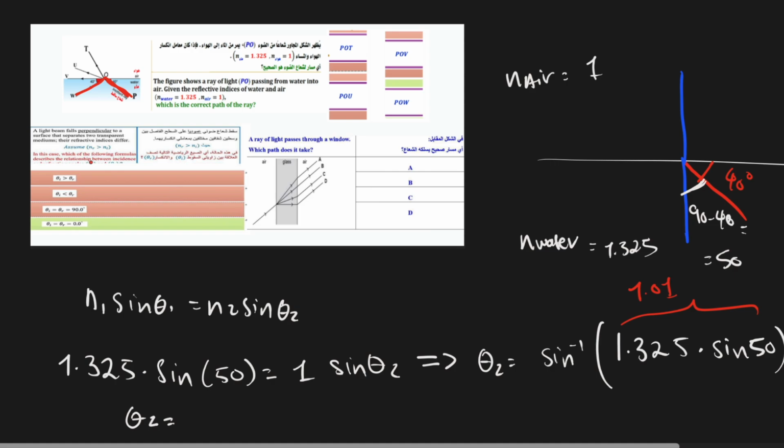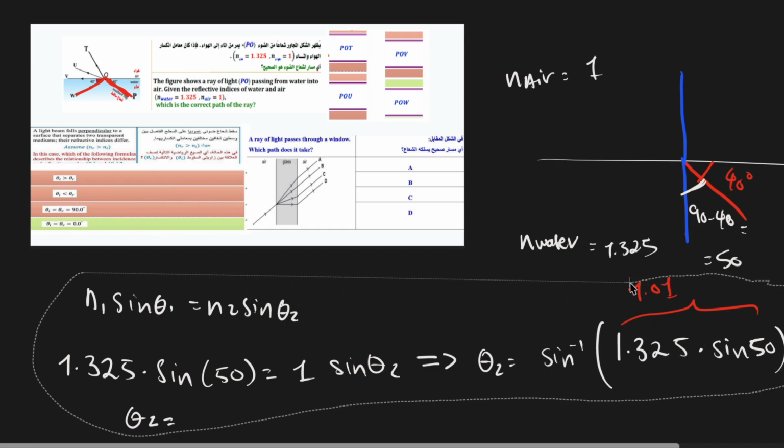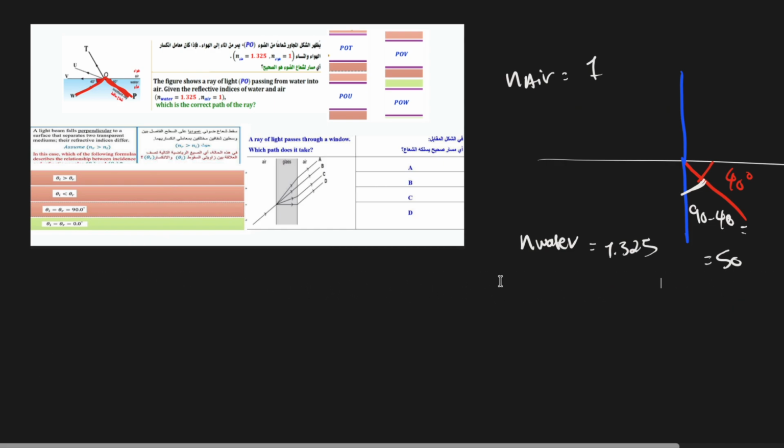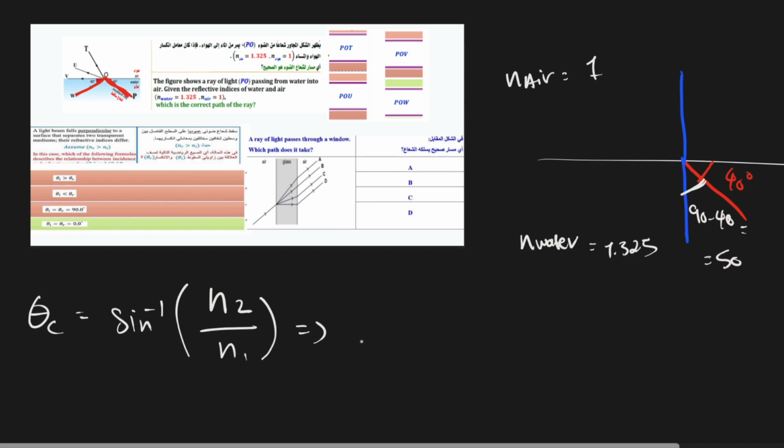If you found it confusing, we have another way to solve it, which I think is easier. It's to verify if we have total internal reflection or not. Let me remind you that the critical angle is equal to the inverse sine of n2 divided by n1. So what is the critical angle?